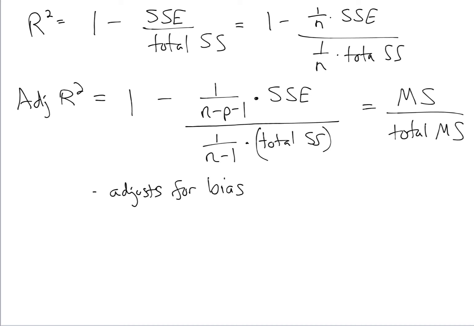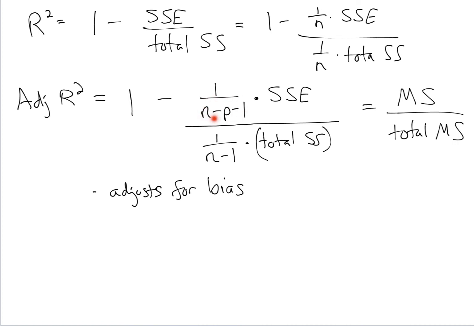Now it's important to notice that typically the adjusted r-squared is close to the r-squared. With r-squared we have 1 over n and 1 over n in top and bottom, changing to 1 over n minus p minus 1 in the top and 1 over n minus 1 in the bottom. Usually that doesn't change much because n is typically much larger than p.